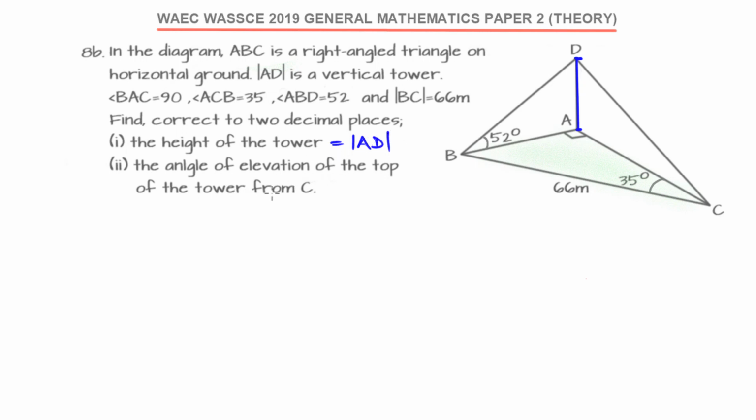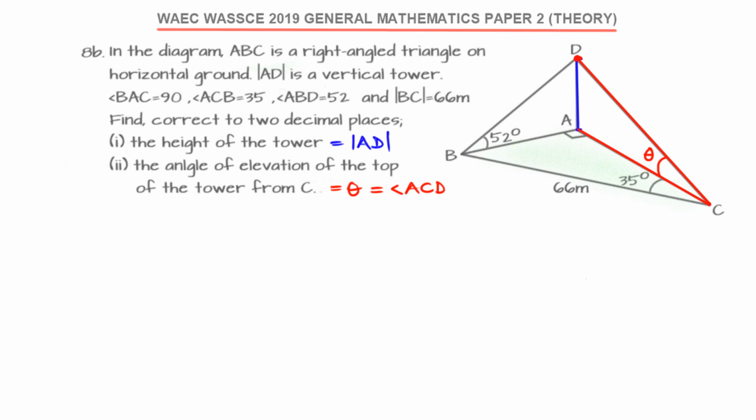And then we're asked to find the angle of elevation of the top of the tower from C. The top of the tower is D, then the angle of elevation from C means that we go from C, and then we know the horizontal ground is coming from here already. So the one being shown in red is the angle of elevation of the top of the tower from C. That's angle theta, and that theta is angle ACD. So we are looking for AD, the height of the tower, and the angle of elevation of the top of the tower from C. That is ACD.